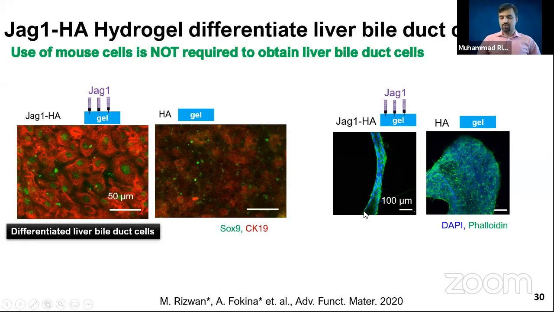Remember, I mentioned that these bile duct cells make those tubular structures in the liver. Even in 2D, on top of gels, when we provide these chemical signals, they were trying to make those tubular structures on the hydrogel surface, which was not happening on the regular hydrogel or without those signals.